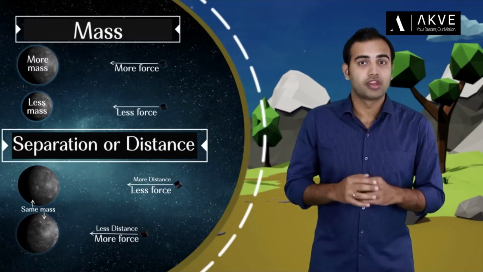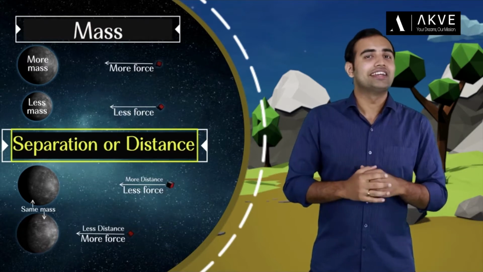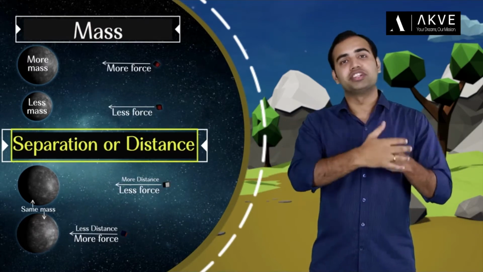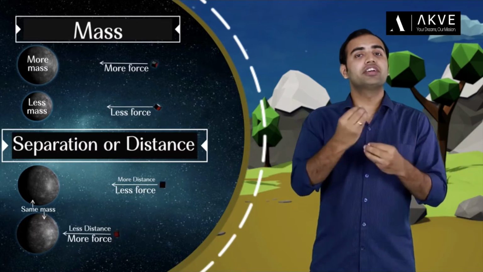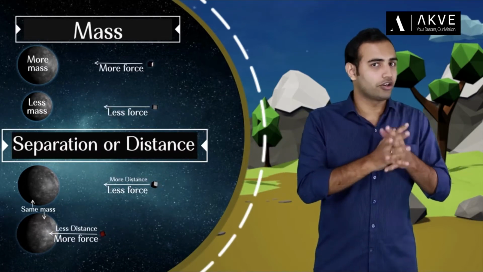So let me explain. You see, the force of gravity depends on two main things. First is the mass of the objects involved, and second is the separation or the distance between the objects. Now, the heavier objects will apply more gravitational force compared to the lighter objects.